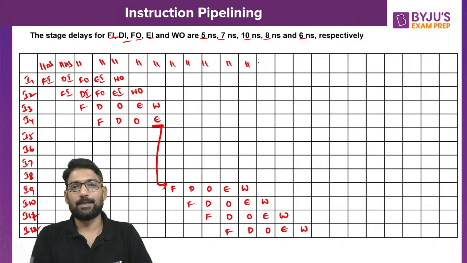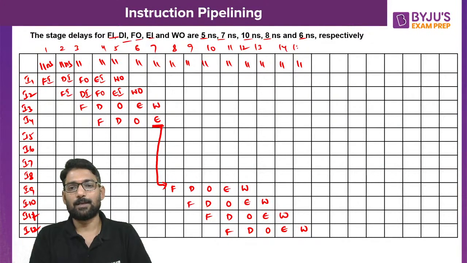Just calculate how many cycles we have. 1, 2, 3, 4, 5, 6, 7, 8, 9, 10, 11, 12, 13, 14 and 15. So what is the total time? Total 15 cycles, and one cycle means 11 nanoseconds.